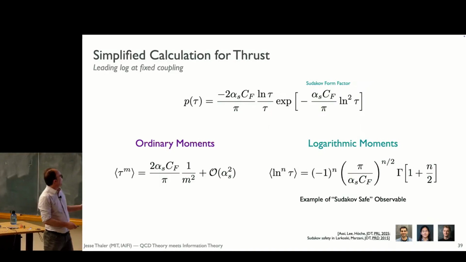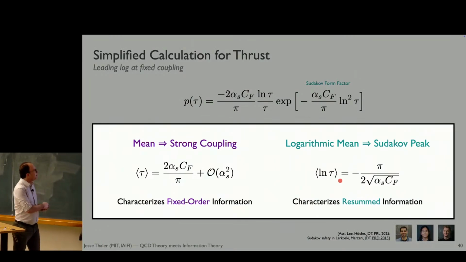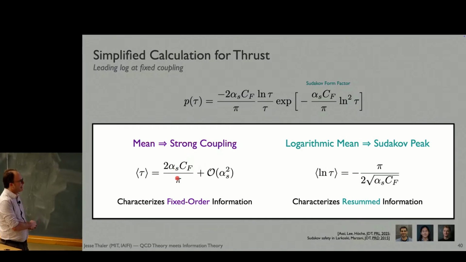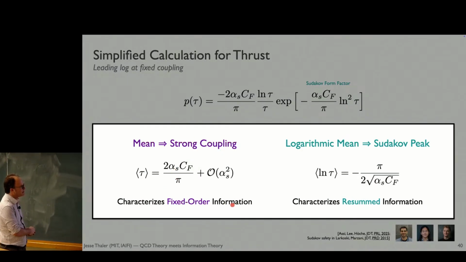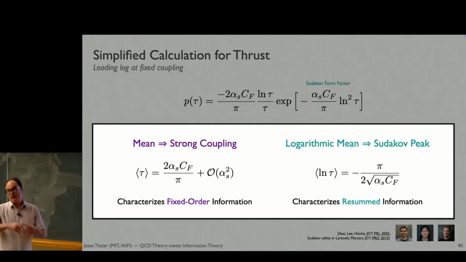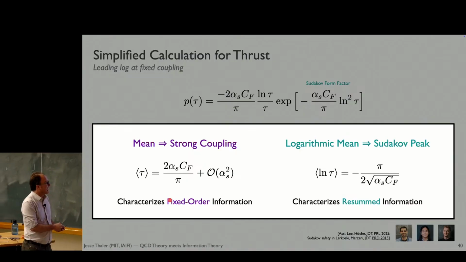Just taking the lowest versions of this: the mean, which is what the theorists have calculated previously, is directly proportional to the strong coupling constant. And this characterizes fixed order information very well. But now I'm telling you that to characterize the distribution, you should also be looking at logarithmic moments. Particularly, the logarithmic mean tells you the location of the Sudakov peak. And look at this funny calculation.